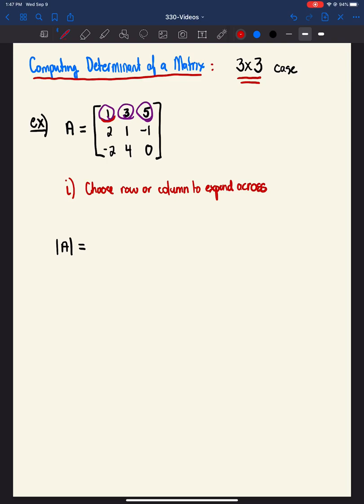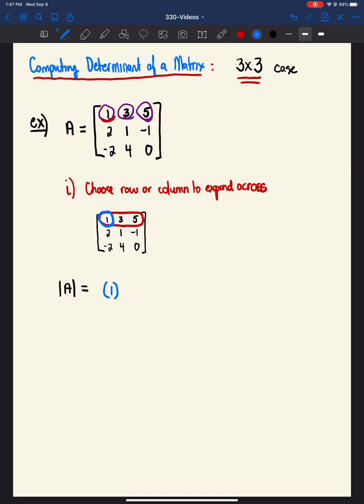And actually, let me move some things around here. I'm going to paste our matrix down below and move this other item appropriately. So if we choose to expand across that first row, let's take the first item in that first row, which in this case is that 1.